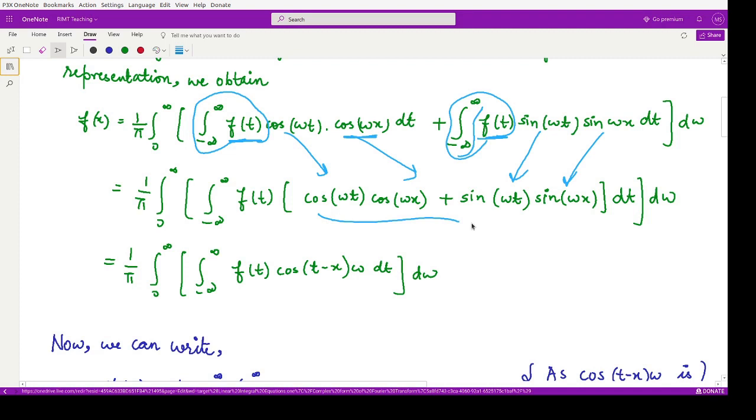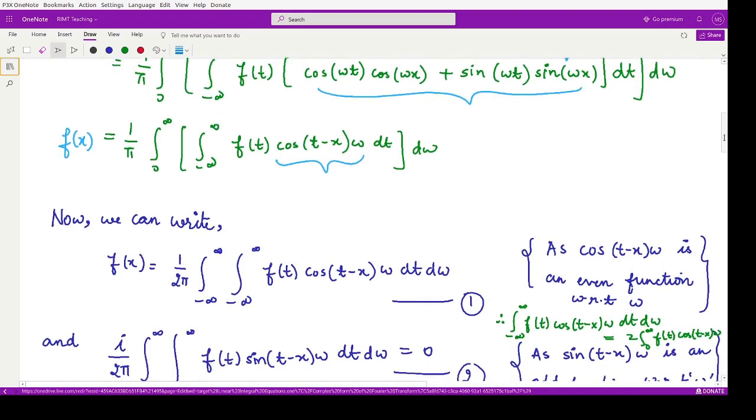And what is this formula? This is cos of t minus x into omega. So we have f of x as 1 by pi, integration from 0 to infinity, integration from minus infinity to infinity f of t cos t minus x into omega dt d omega.